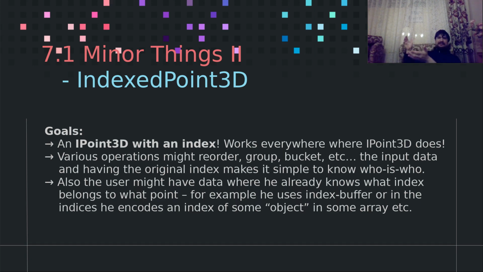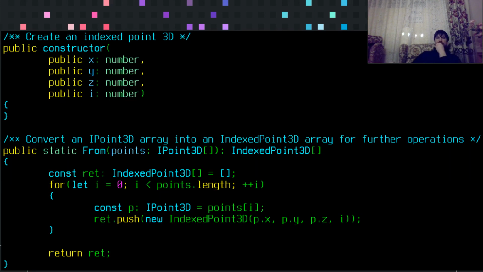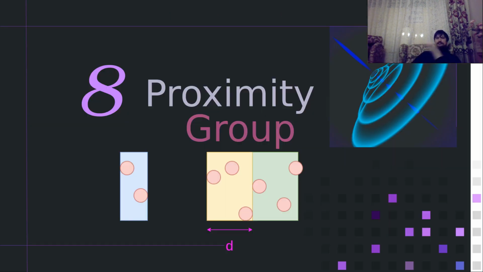You already have indices, you want to keep them for some reason. So I wrote where it is, I will not read it out. It's very simple. As you can see, there is a Y coordinate, and you can also create it from IPoint3D. Actually, you can create it from really anything that has an IPoint interface.